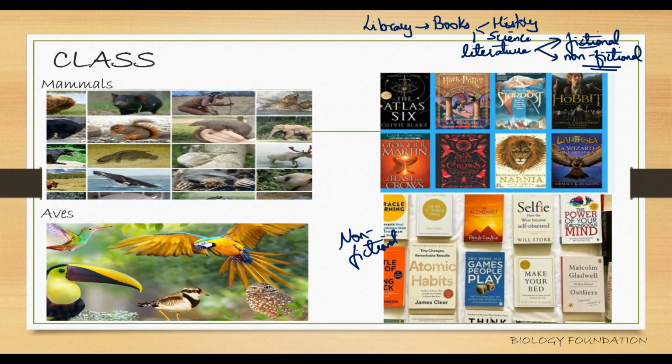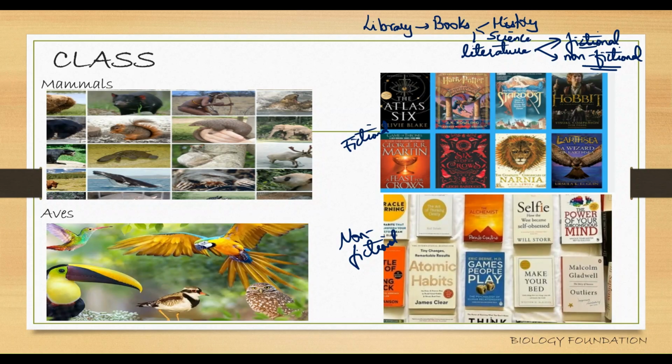And you have fictional books, all imaginary kind. Now they are kept again separately in different sections. You have a library, you have a big section which is focusing on literature, and within that section again you find certain racks where the entire rack is filled with fictional books, imaginary books, and a rack which is completely filled with non-fictional books.